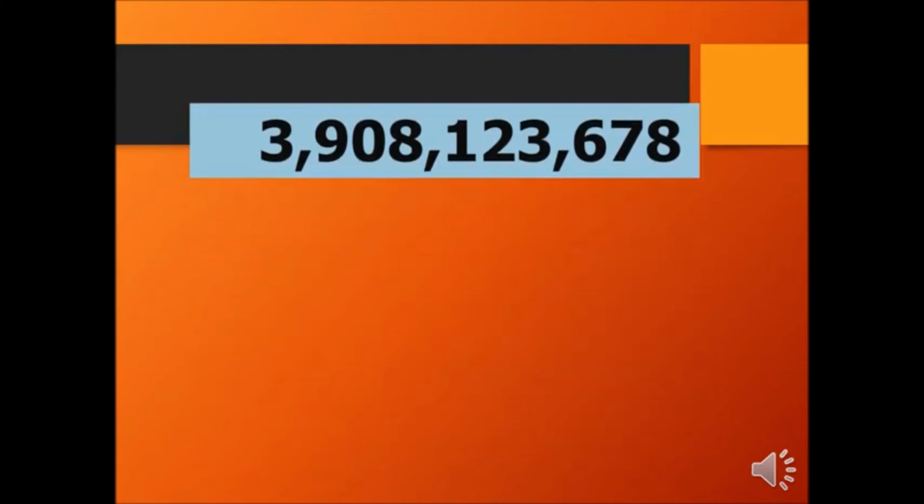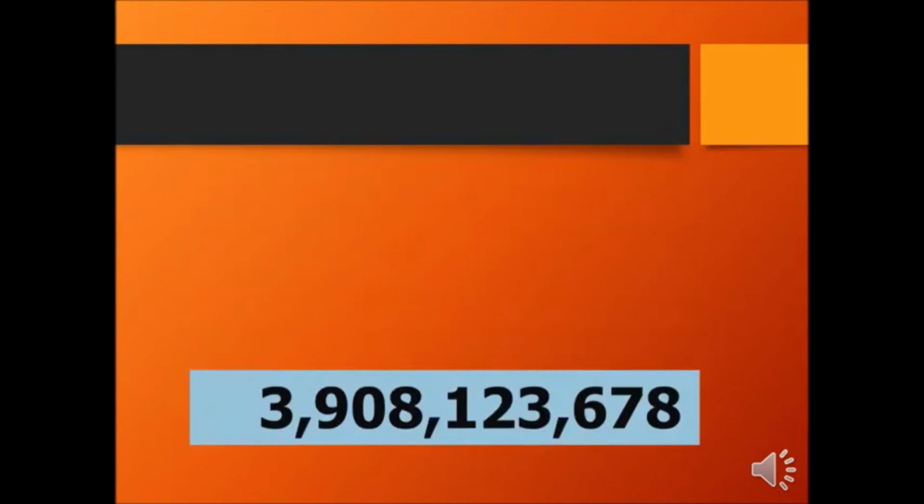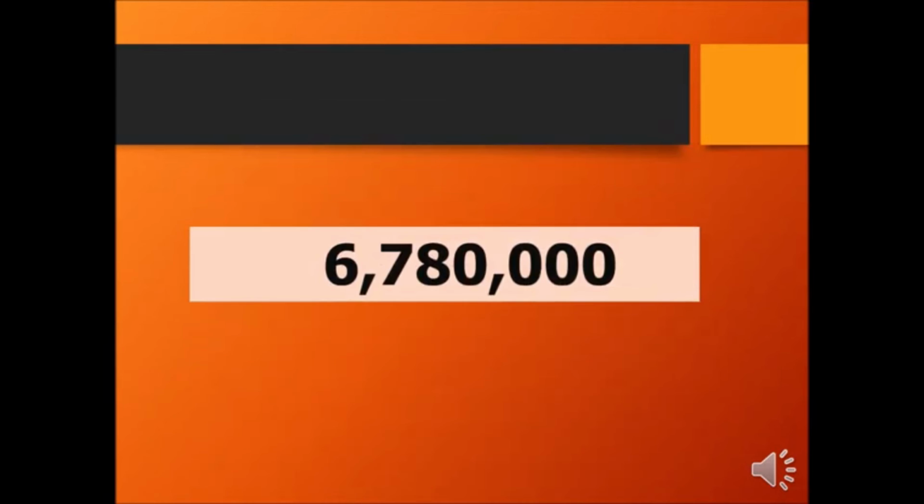Now read these numbers correctly. If you are having a problem in reading these large numbers, I want you to practice more on reading large numbers by repeating our discussion.